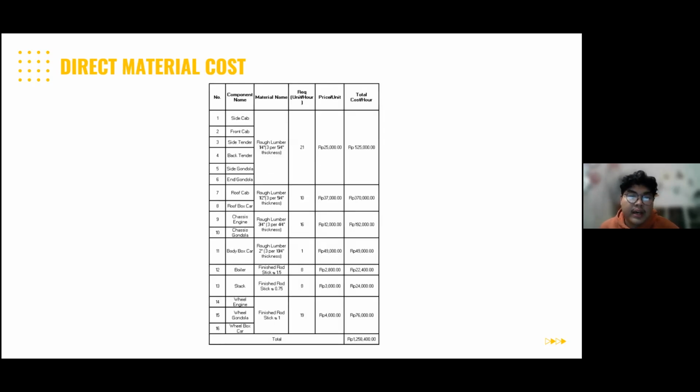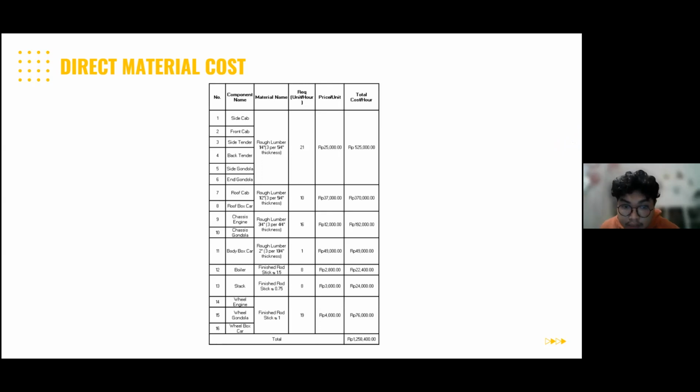Okay, next is the direct material cost. We have 16 component names, and the material name count is 7. For the first one we have roof number 1/4. We have 21 units per hour, the price per unit is 25,000 rupiah, and the total cost is 505,000 rupiah.